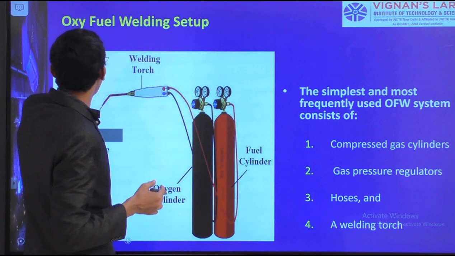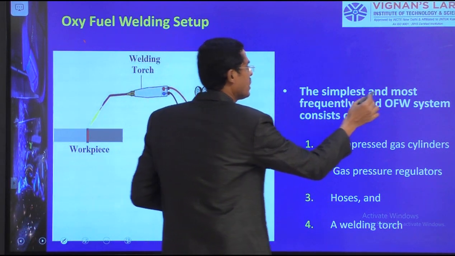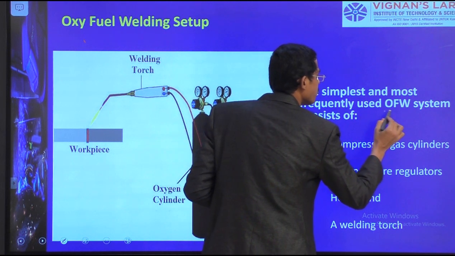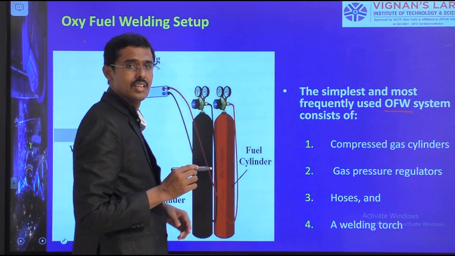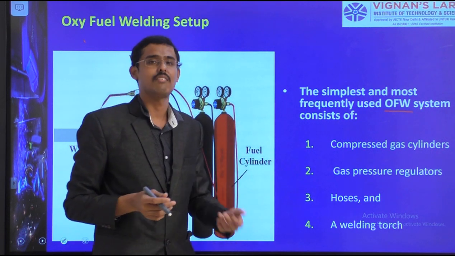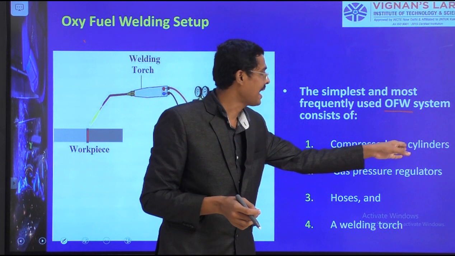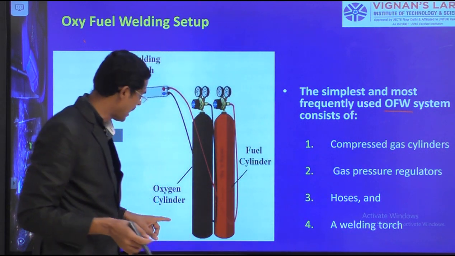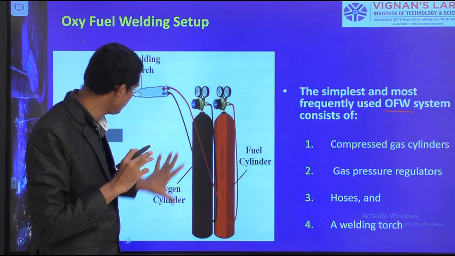Right, so the oxyfuel welding setup. What I have told you is the simplest and most frequently used oxyfuel welding system. We have already seen this setup in various shops when roaming around. It consists of compressed gas cylinders. In industry, oxygen is always denoted in black color.